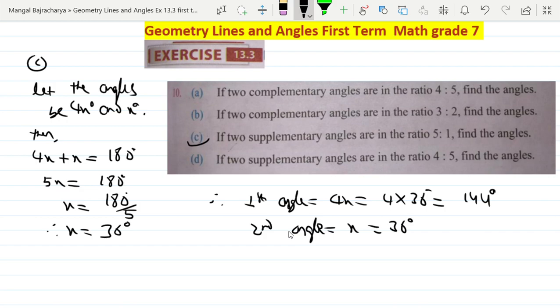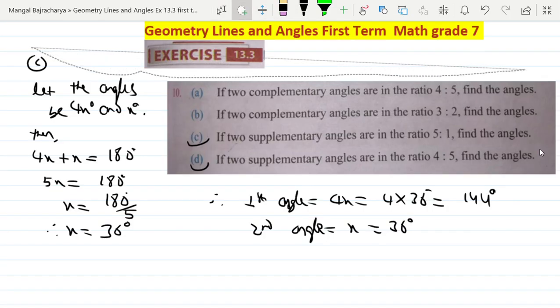So I'll let you understand C, and very same like that you can obviously do D, the same process. And now, after completing number 10, I go with number 11.